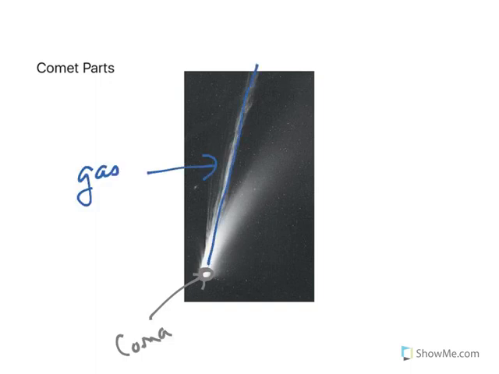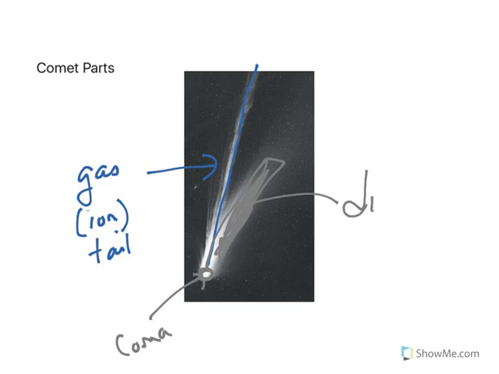We have this straight tail called the gas tail, or sometimes called the ion tail. And we see this flat, wide tail, which is called your dust tail. Now inside the coma is the nucleus.